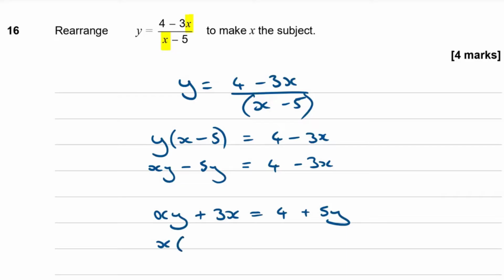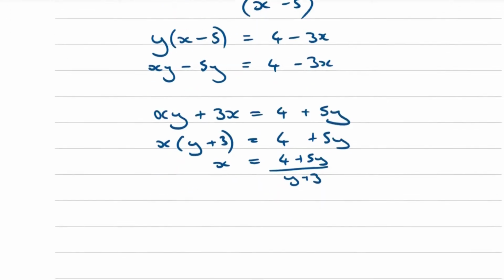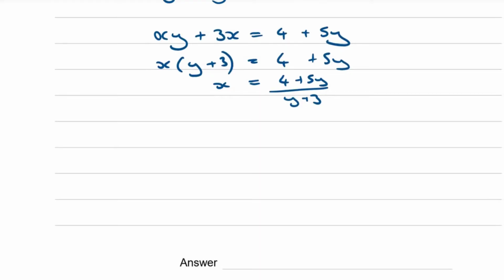So x, open brackets, y plus 3, equals 4 plus 5y. And then finally cross multiplying the y plus 3 is going to give me x equals 4 plus 5y all over y plus 3, which is the answer I'm going to write in the box.